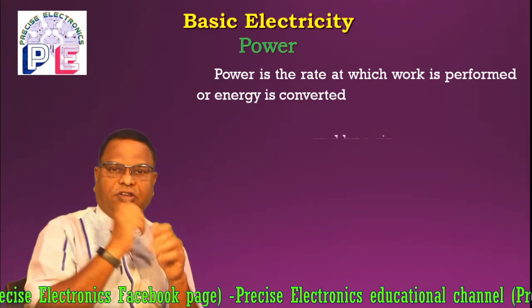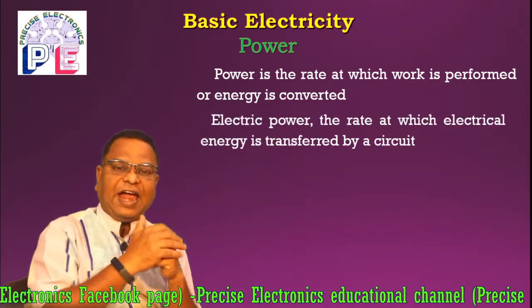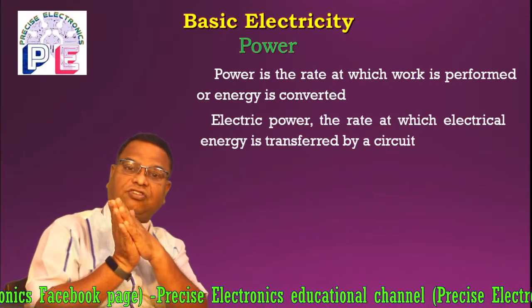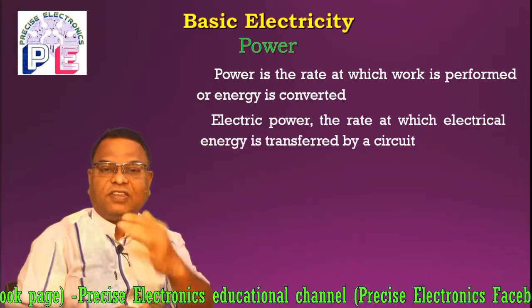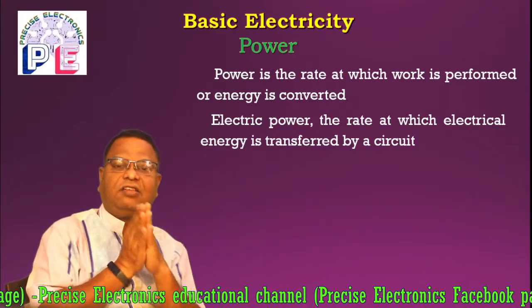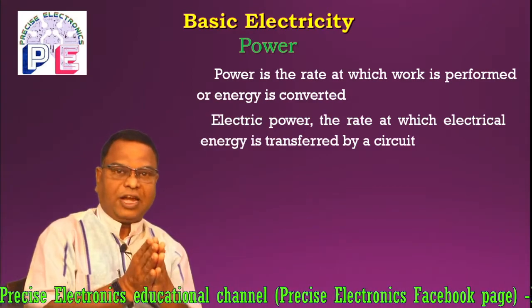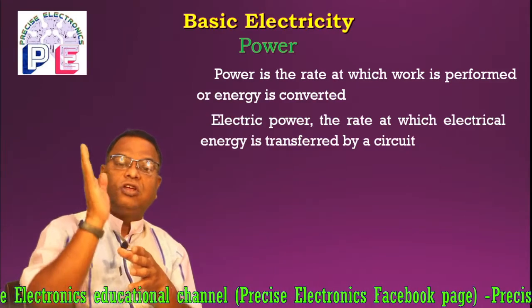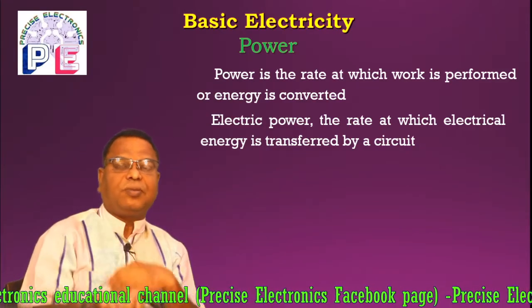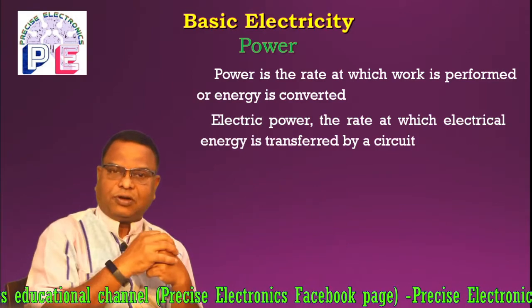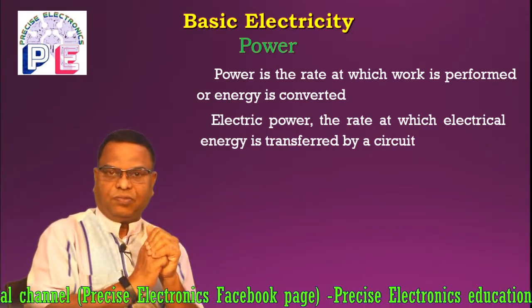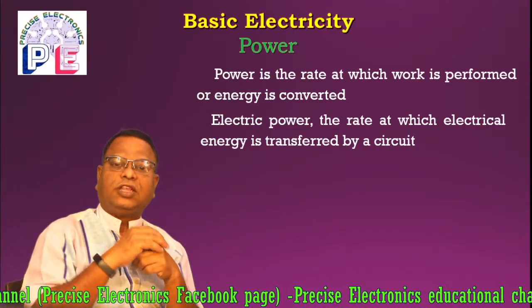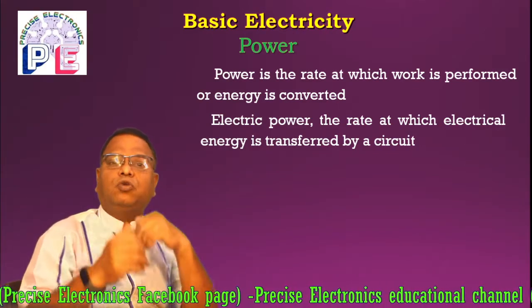Electric power. What is electric power? The rate at which electrical energy is transferred by the circuit, by the system, by the device. For example, if we switch on a bulb or LEDs, then electric energy is converted to light energy.